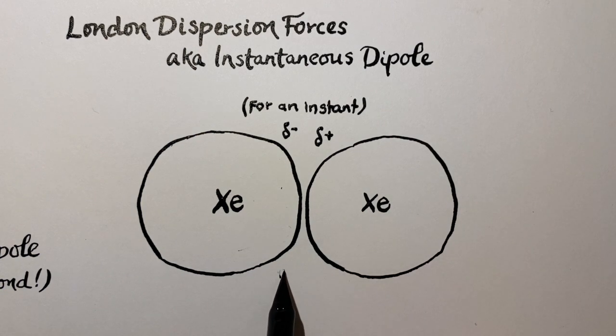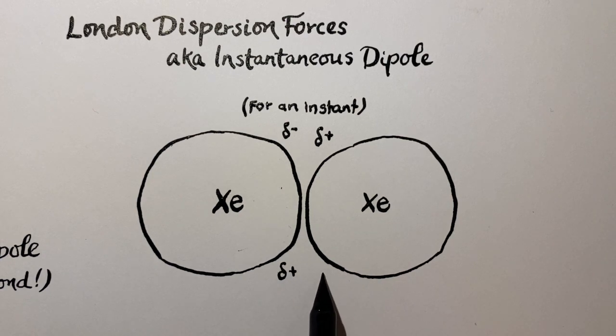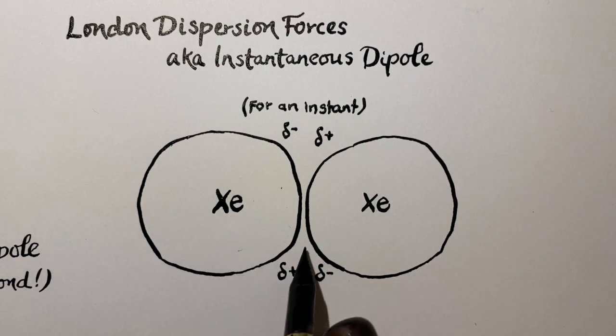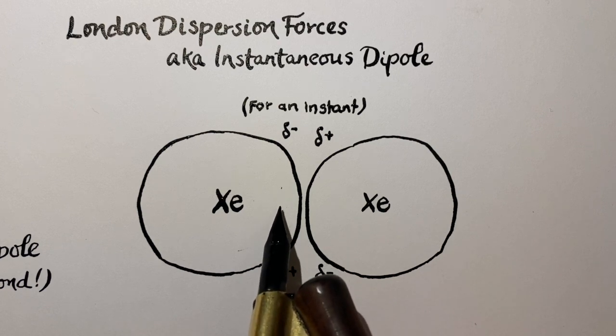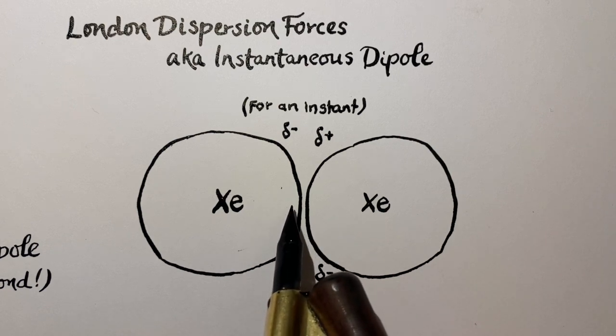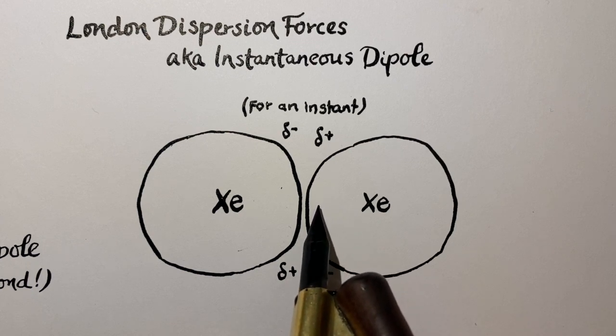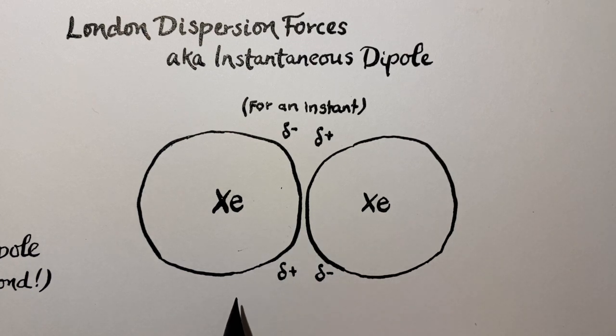For similar reasons, you could have electrons move over here, making the xenon partial positive on this side, and then that would attract electrons from this xenon and come over. So that's another different instant.